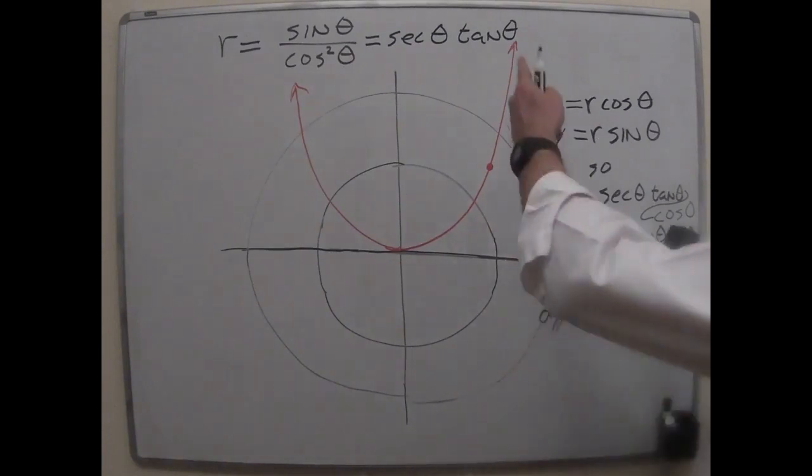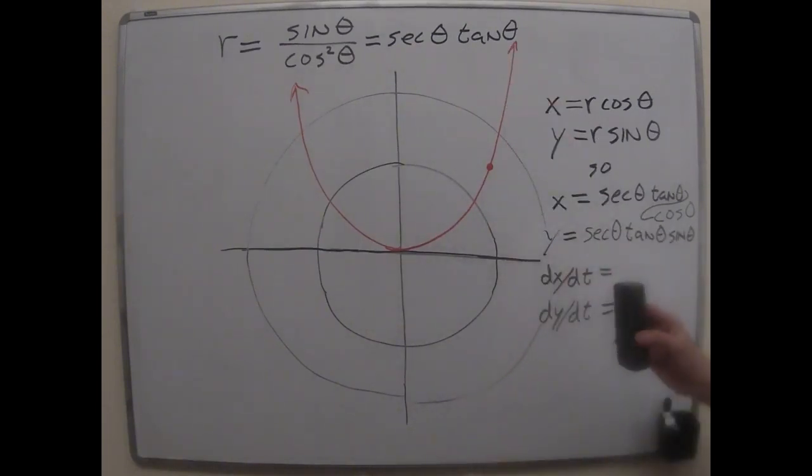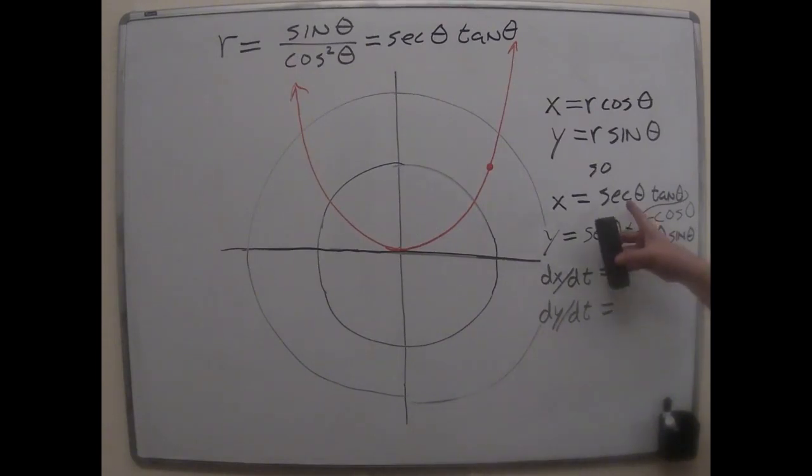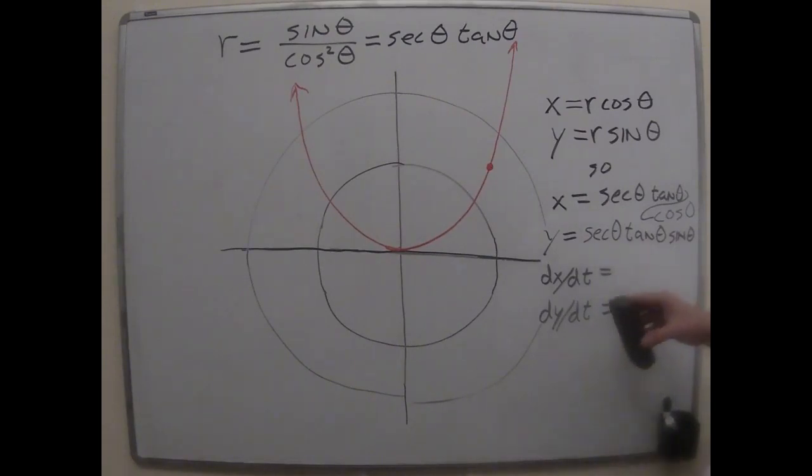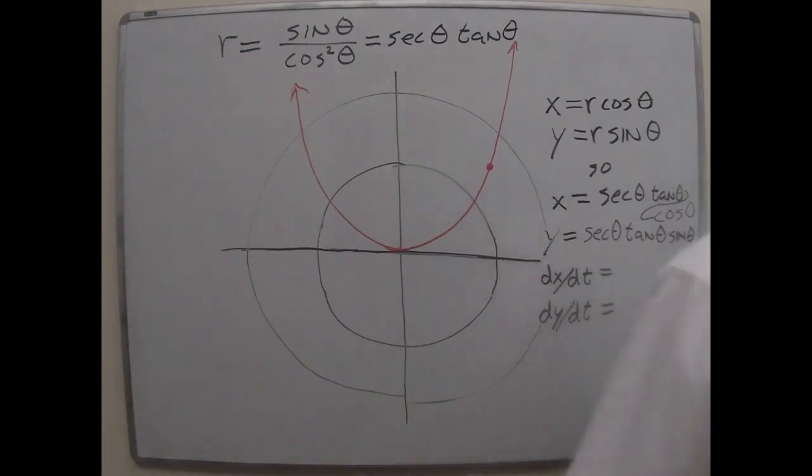Suddenly I'm hating myself for bringing up the secant tangent stuff, because I probably should have had x be sine theta over cos squared times one more cosine. I think I will adapt to a different way of expressing these, because it's easier in figuring out the derivatives.